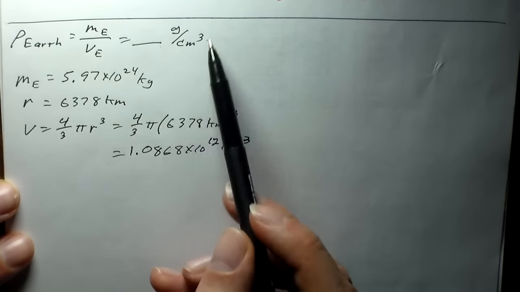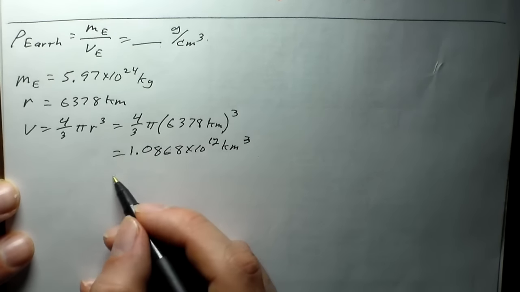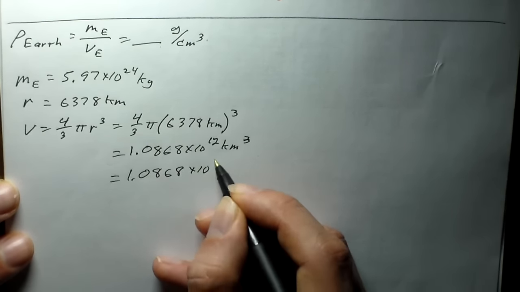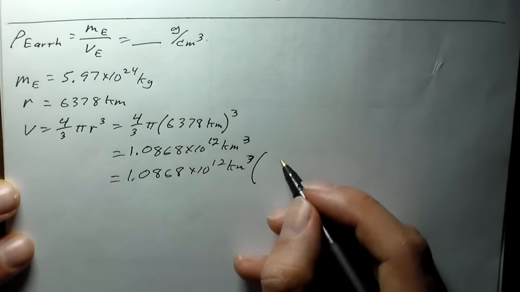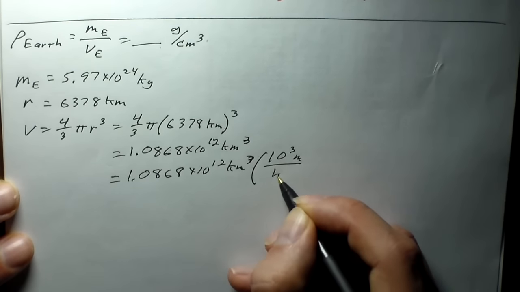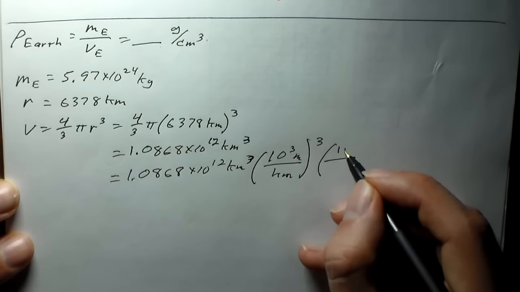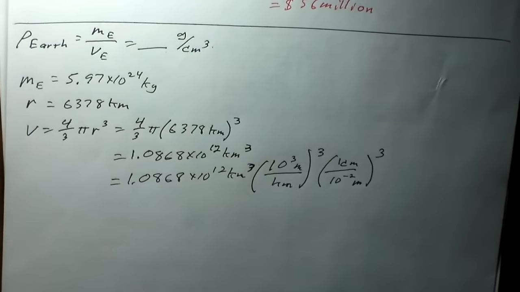Of course, we want this in cubic centimeters, so we have to convert this, and just as a nice little reminder on how we do that. We have 1.0868 times 10 to the 12 cubic kilometers. And then we have 10 to the third meters per kilometer, cubed. And then 1 centimeter is 10 to the minus 2 meters, cubed.